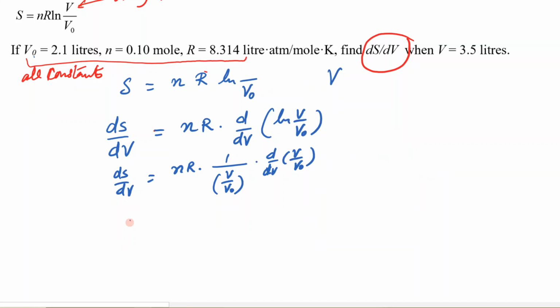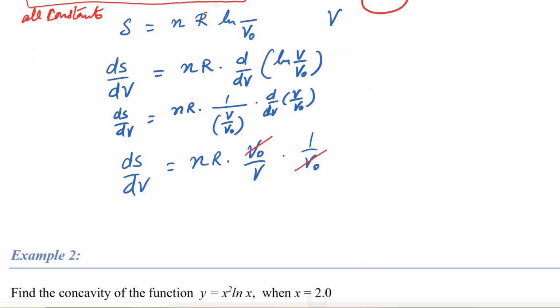So we get dS over dV equals N times R, and this can be written as V0 over V, and the derivative of V over V0 is 1 over V0. So V0 cancels, and we are left with NR over V. So dS over dV is equal to NR over V.